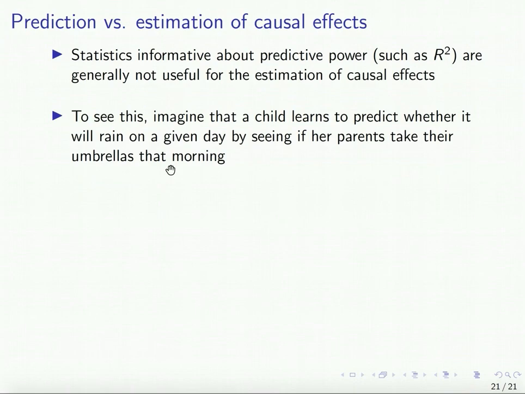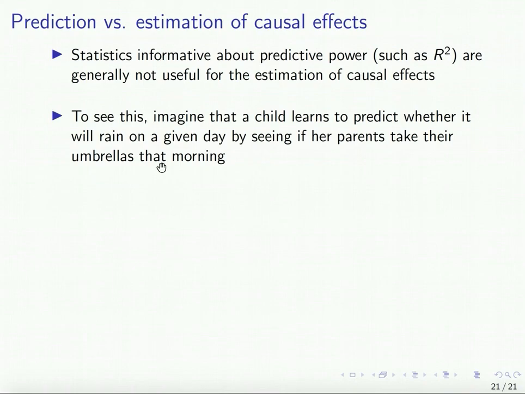So to really take home what is the difference between predictive power and causal effect, imagine you want to predict whether it's raining outside. So what you want to know is, with the best prediction possible, whether or not it's raining. And say that you're a child and you notice that every time your parents take an umbrella that morning, on that same day, it's actually raining.